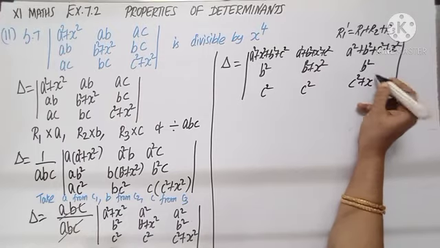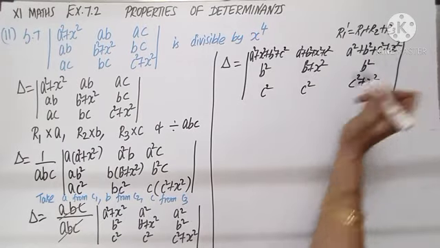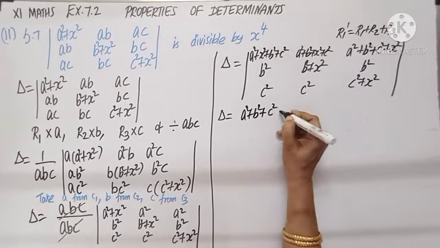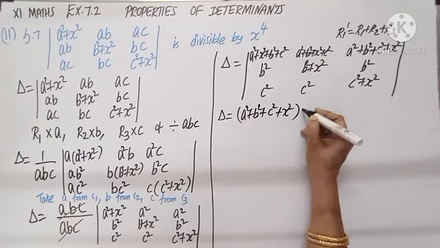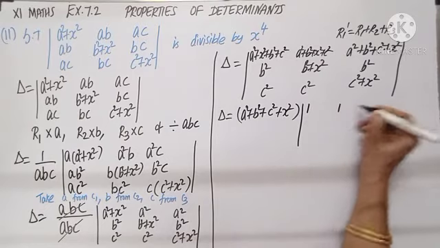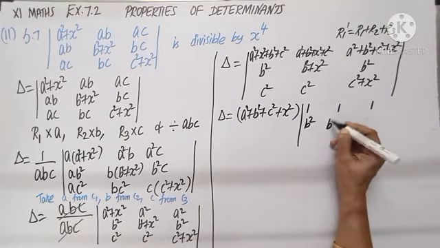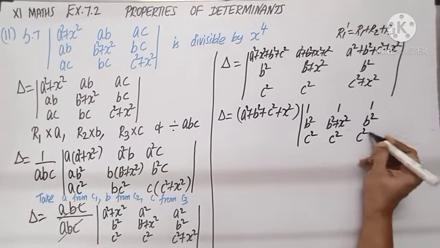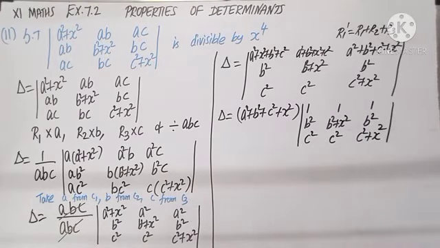Now, in the first row, it has the same term, so we can take A square plus B square plus C square plus X square as common. I am left with 1, 1, 1, B square plus X square, B square, C square, C square, C square plus X square.